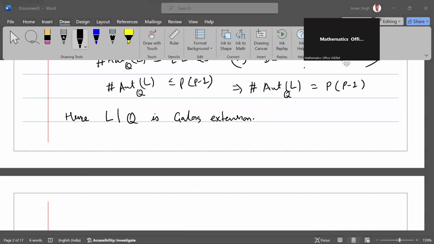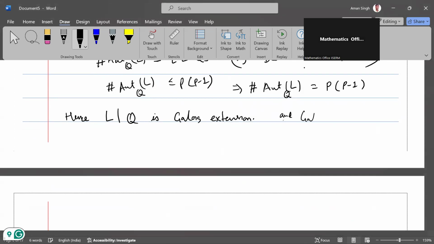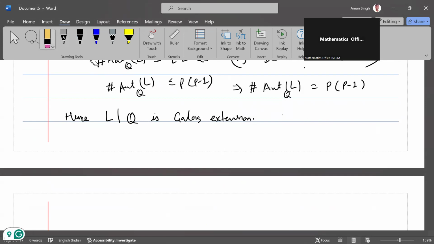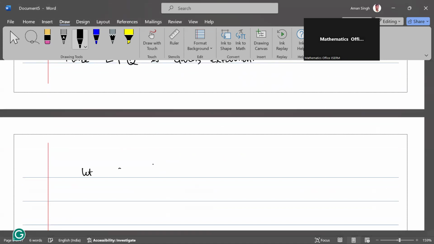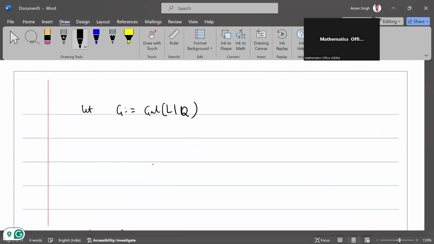We have denoted it by G, the Galois group of L over K. The order of G is p into p minus 1.